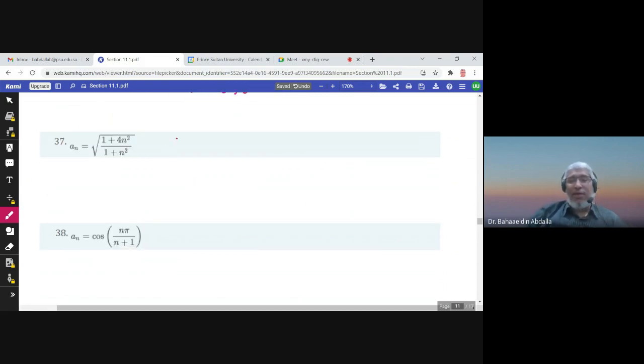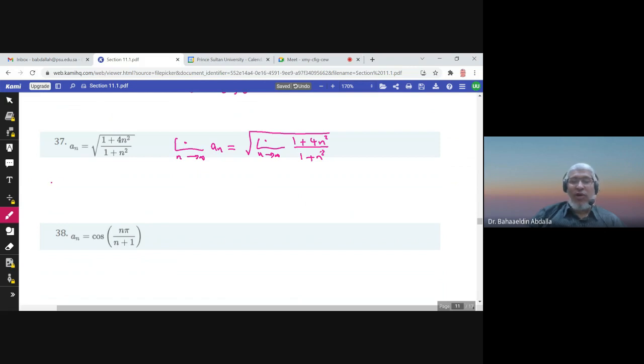Similar here, to find the limit of an when n goes to infinity, I will let the limit inside the root. I will write it as the root of the limit when n goes to infinity of 1 plus 4n square over 1 plus n square.